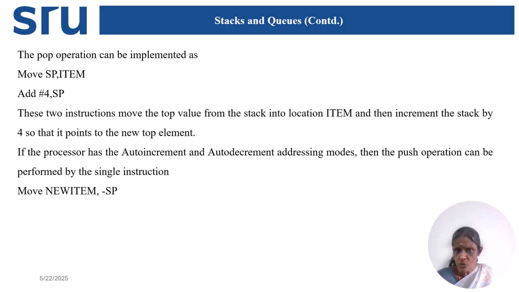These two instructions move the top value from the stack into the memory location item. So the data value is moved from the stack to item, which is the memory location, and then the stack pointer is incremented by 4. Pop means add 4, so that it points to the new top element.